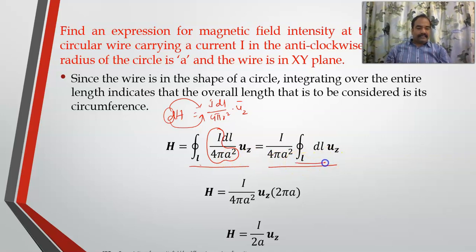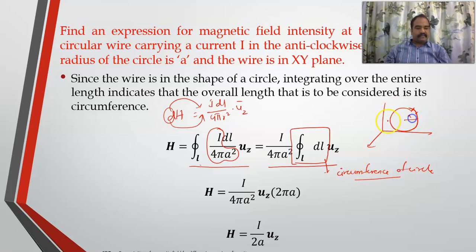So over the entire length, what is my entire length? It is the circumference of the circle. This is nothing but the entire length of the conductor. My conductor was in this circular fashion, so I have a dl here. If I want the entire length, I should consider the entire circumference.